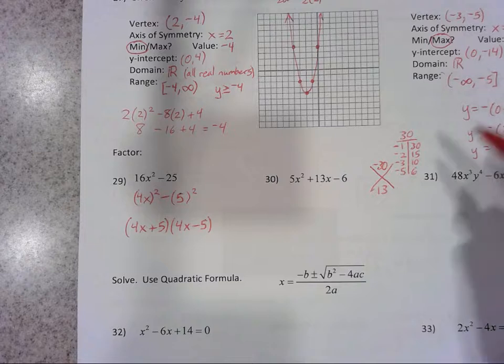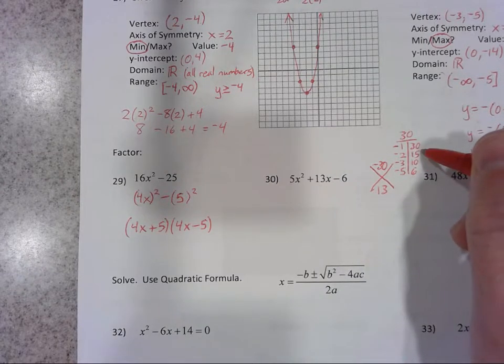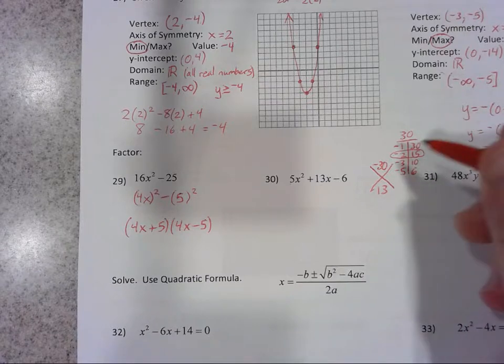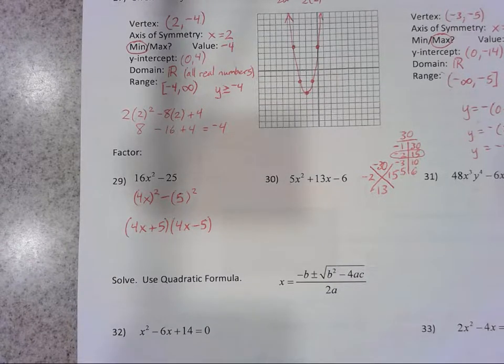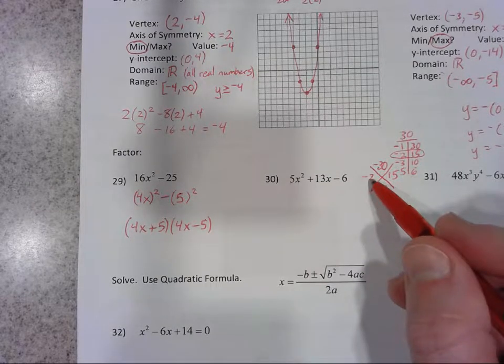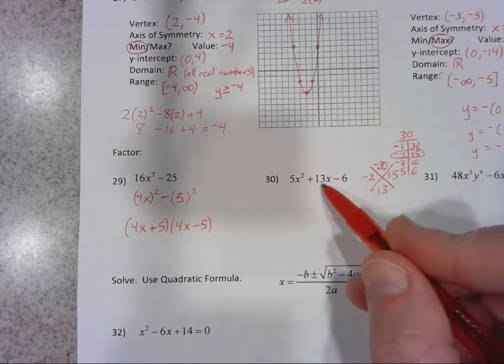So which of these pairs adds to get positive 13? -2 and 15. -2 times 15. So the -2 and the 15 is what combine to make 13x.